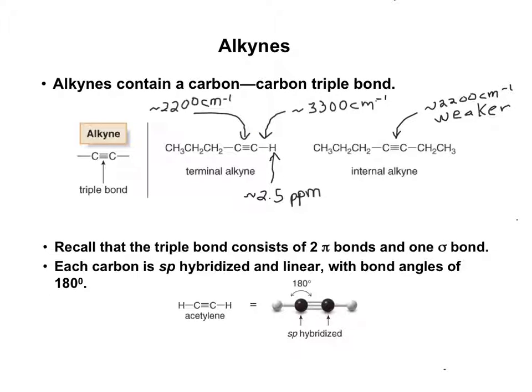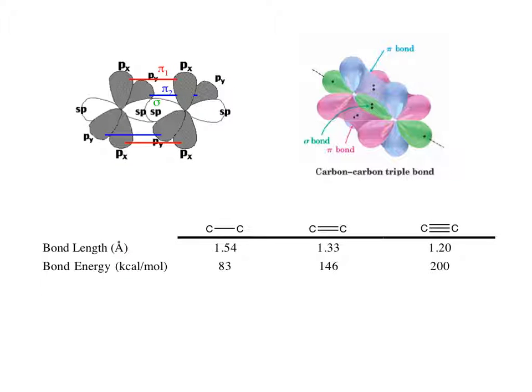Moving on to the structure of the alkyne, recall that the triple bond consists of 2 pi bonds and 1 sigma bond. Each carbon of the triple bond is sp hybridized, which makes it linear with bond angles of 180 degrees. Here is the orbital view of the bonding within the carbon-carbon triple bond.